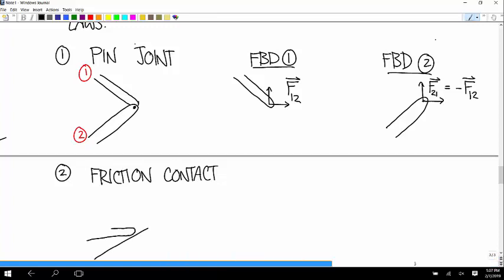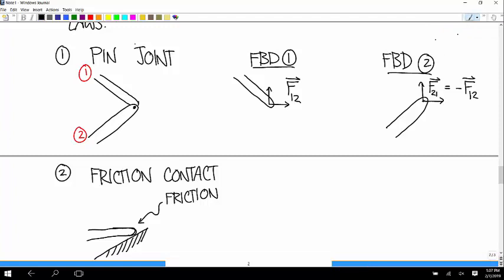It's just the problem would say that there's friction at that point. Again, this is body one, this is body two. Body one is free to rotate, but it can't sink into the surface, and it can't slide along the surface because of the friction.